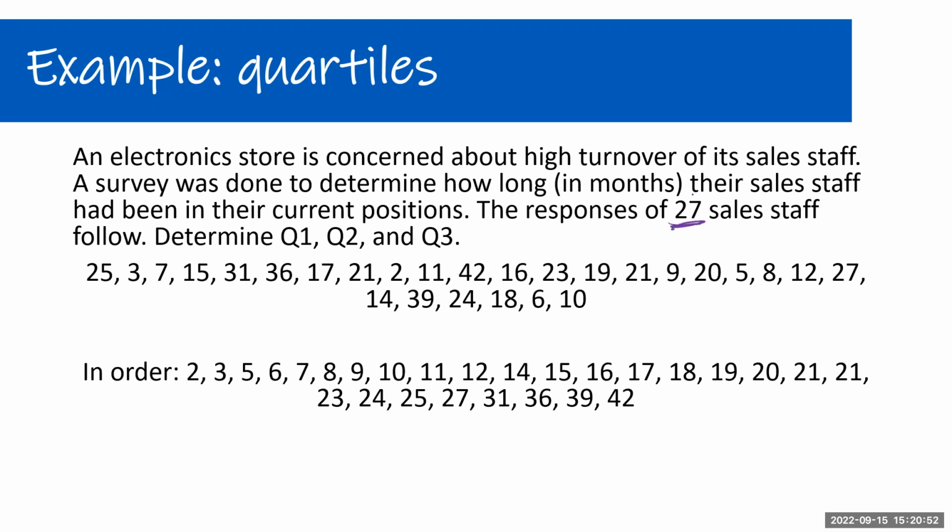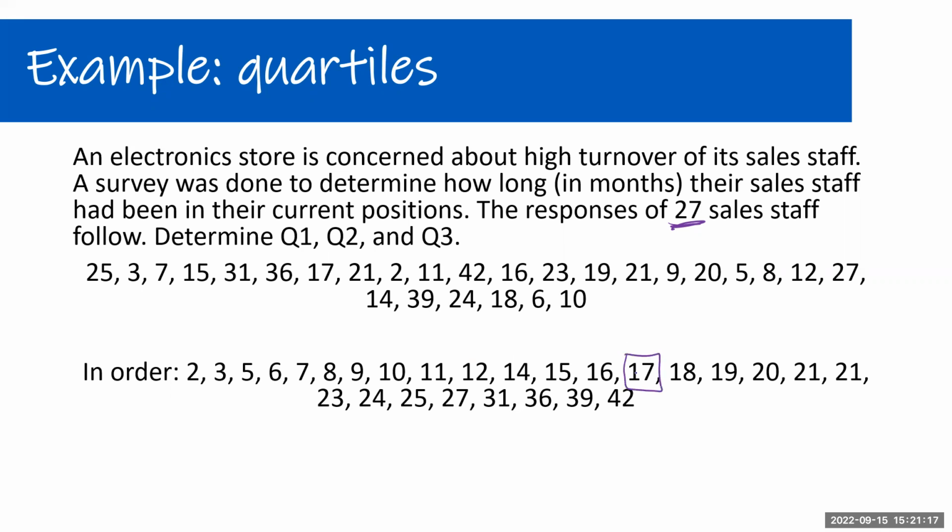We had n equals 27, an odd number. So our median is our first step, and the dead center is what we're looking for here. So the middle of 27, you're going to have 13 on the left of it and 13 on the right of it. So 1, 2, 3, 4, 5, 6, 7, 8, 9, 10, 11, 12, 13 on the left.